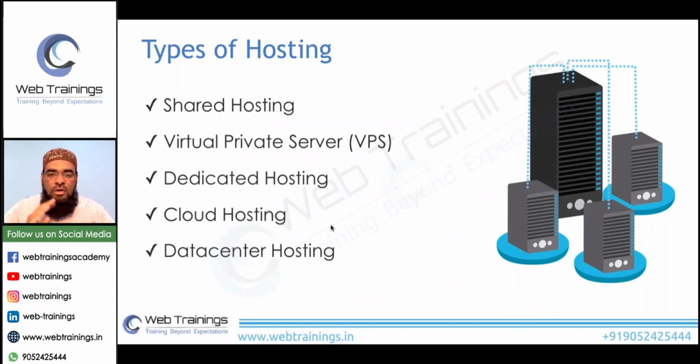If you are expecting a range of users, it is better to go with VPS. Dedicated hosting is useful for those getting lakhs of visitors daily. Cloud hosting can be used by small or big companies, paying as you use the service. And data center hosting is not for normal companies, only for extremely big companies.